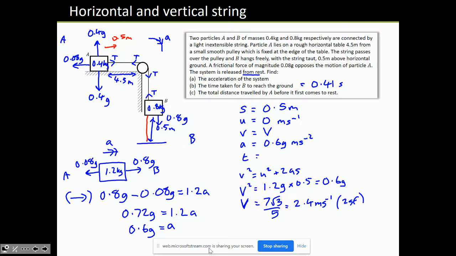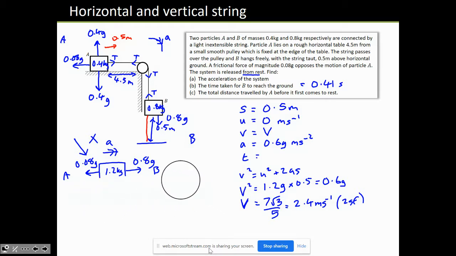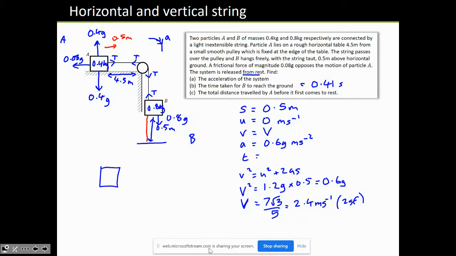After B hits the floor, this model here is no longer valid. We can't use it anymore because the tension in our string is completely gone. So we don't have a system of forces anymore. We just need to think about the particle A. So the particle A, 0.4 kilograms, will still be traveling to the right, but there will be no tension pulling it that way.